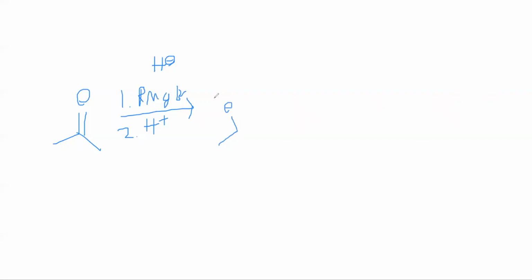If you add either a Grignard or a hydride reducing agent like LiAlH4, and then you add acid, that reduces these. If you add a Grignard, then you would get an R group here. If you added a hydride, you have a hydrogen.